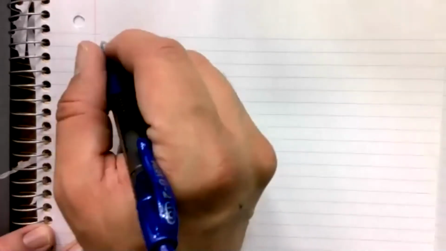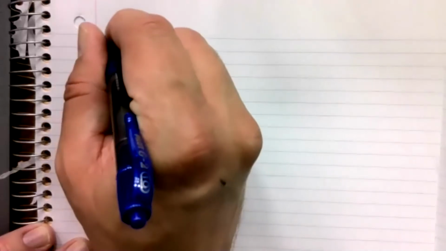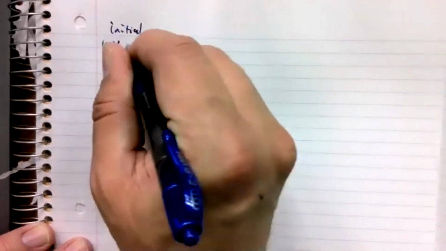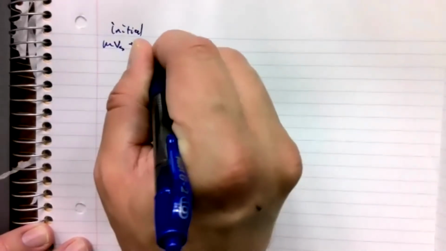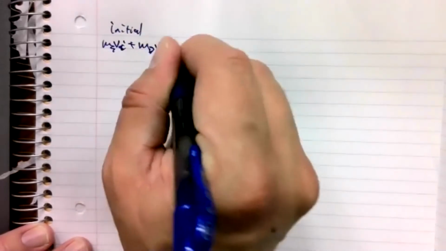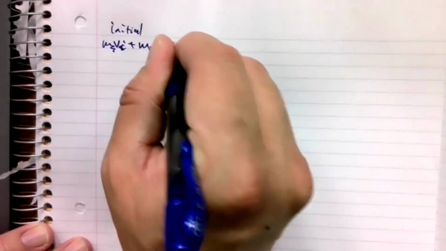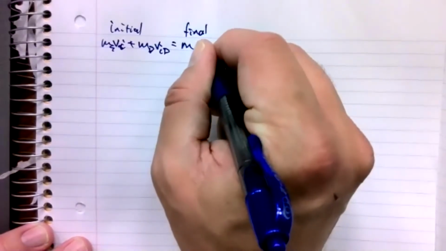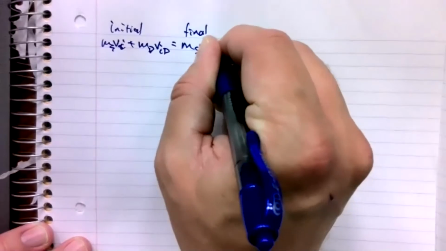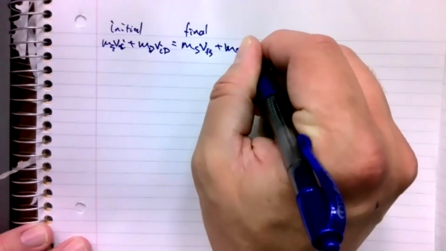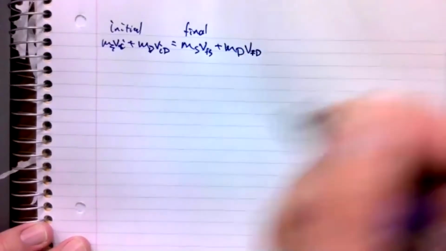All right, so we have our initial momentum equals our final momentum. So mass of Sandra times Sandra's final velocity plus the mass of David times David's final velocity.